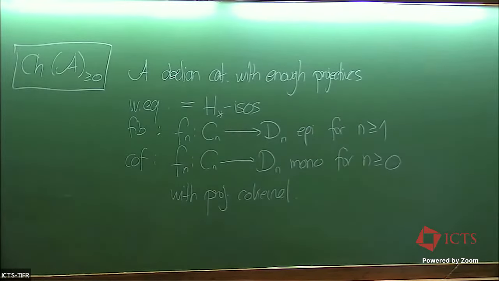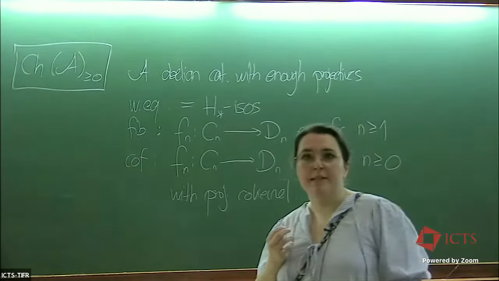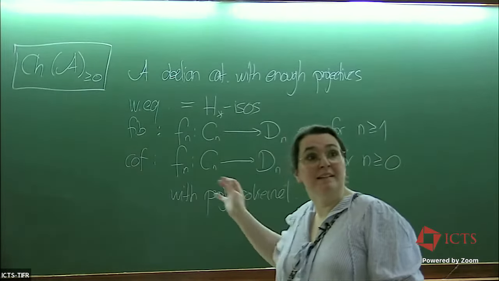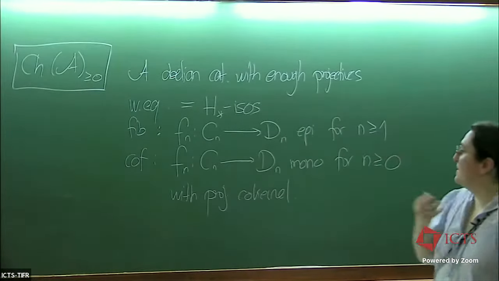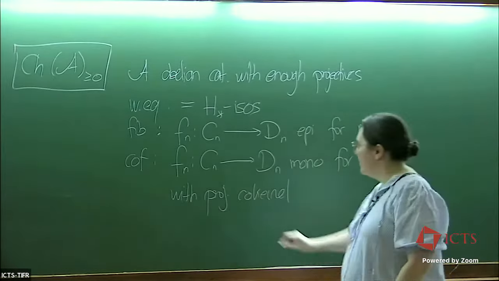And that is actually one of the first things that you can do when you really want to learn about model categories, is verify that this really satisfies those axioms. This is called the projective model structure for obvious reasons.